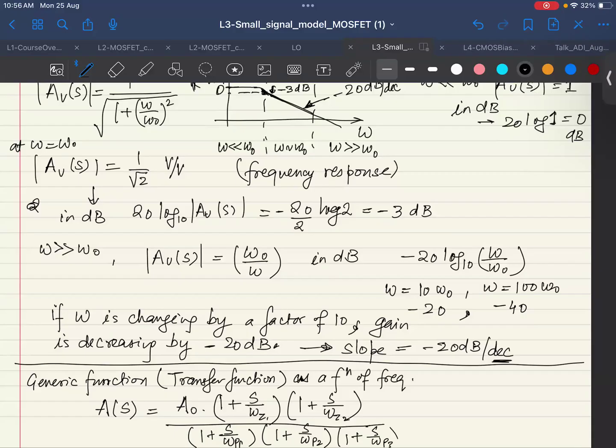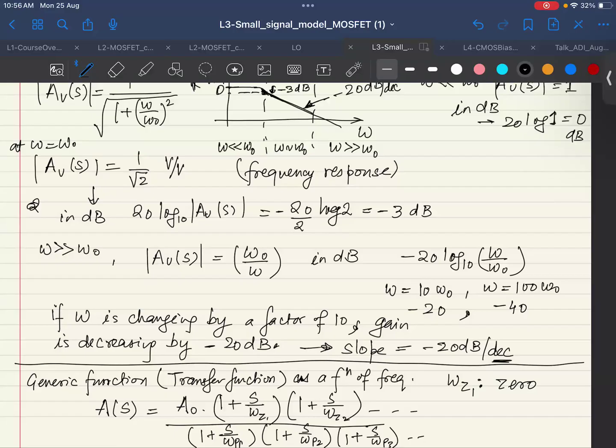So this is generic. And what we see is in this particular function, at the top, where you have a 1 plus s term in the numerator, we can get the frequencies of the zeros from there, because when omega is equal to 0 here, that means there is a zero which has occurred.